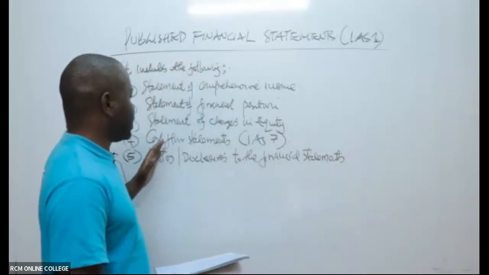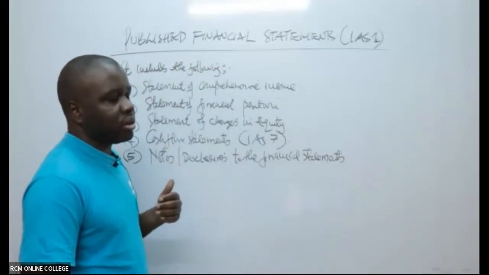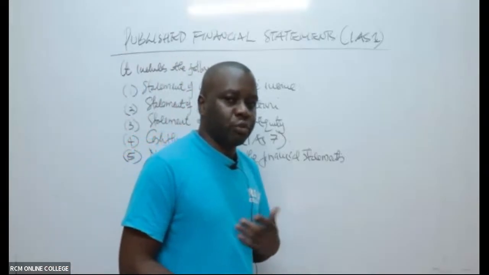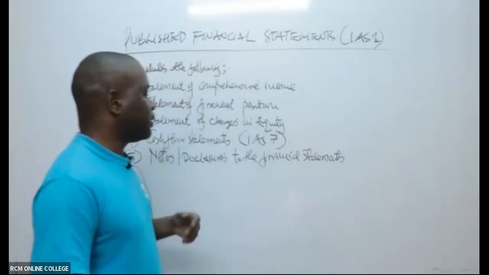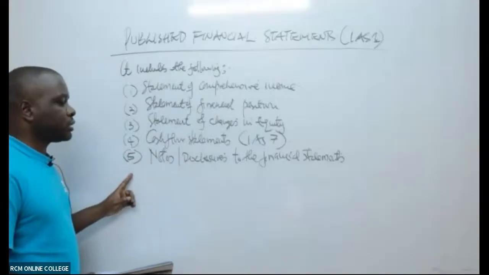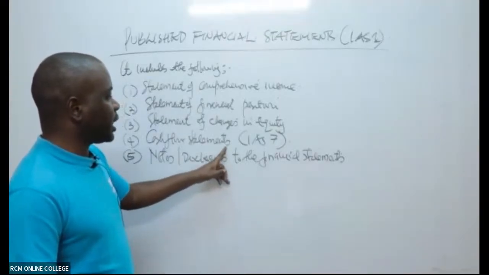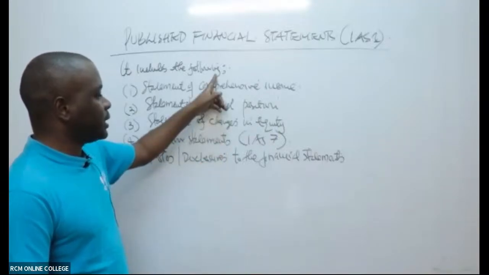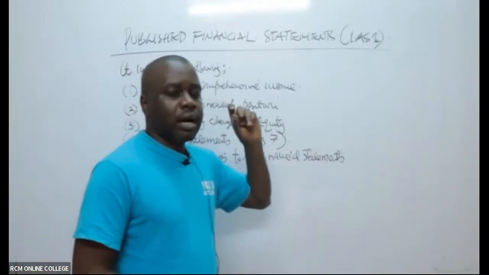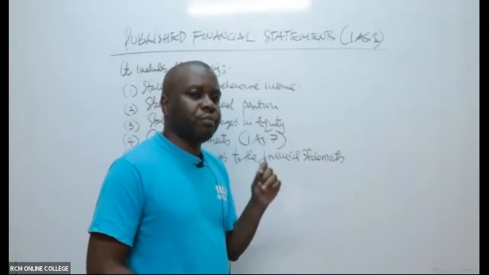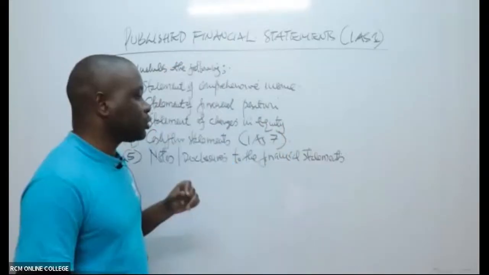Then the cash flow statement: how is the company performing in terms of cash flows? So it basically deals with the cash. Then we talk about notes or disclosures to the financial statements. There could be those elements that have been presented in these financial statements, and of course, as the accountant or the person in charge of preparing the financial statements, you want to elaborate on them.